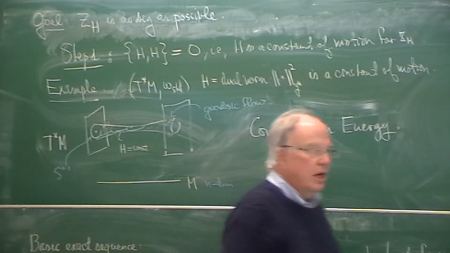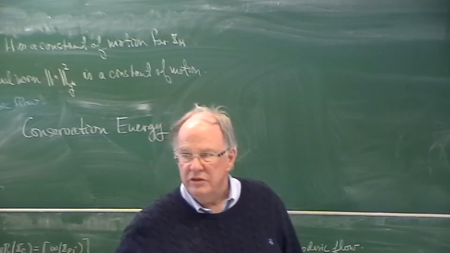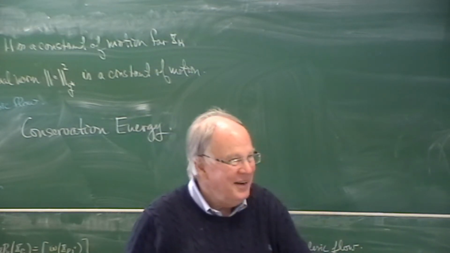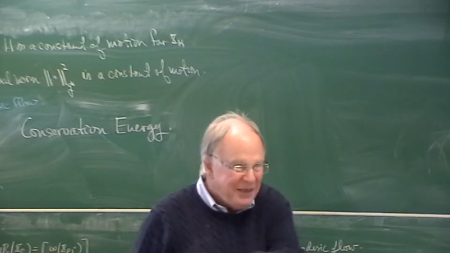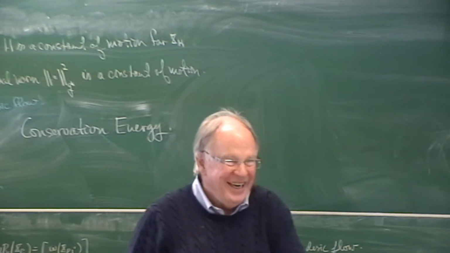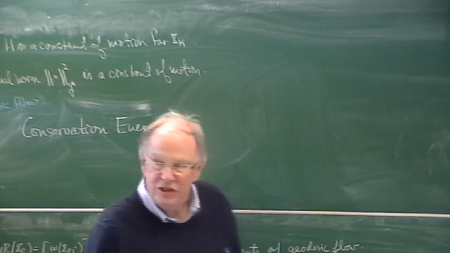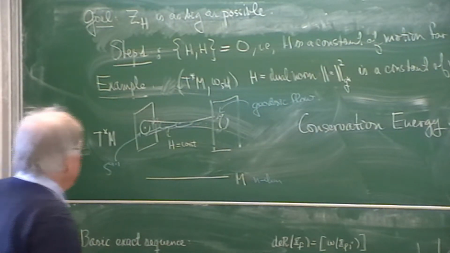That's all there is in all the big derivations that you've seen. This is the only thing going on. Conservation of energy. It's the fact that H H is zero. And the reason H H is zero is that H H is equal to minus H H, and it's because the two form is alternating. It's trivial. You just have to formulate it. Okay? So this is conservation of energy.